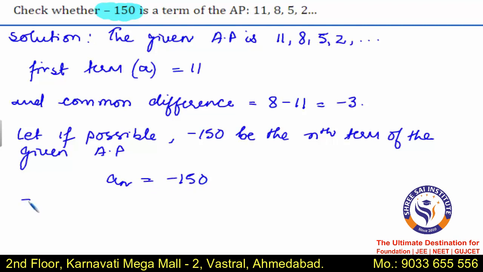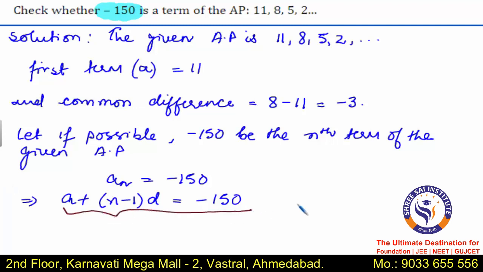Now the nth term is given by a plus n minus 1 into d, and this is equal to minus 150. Now we will solve this equation to get the value of n. If n comes out to be a positive integer, this will imply that minus 150 is a term of the AP, otherwise not.